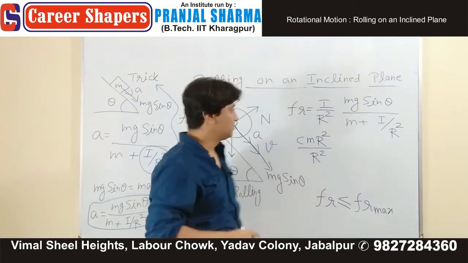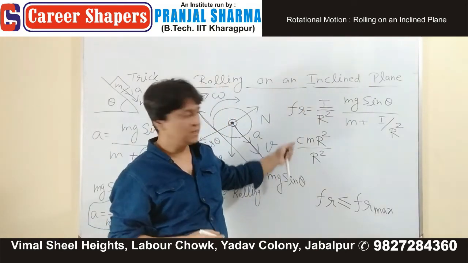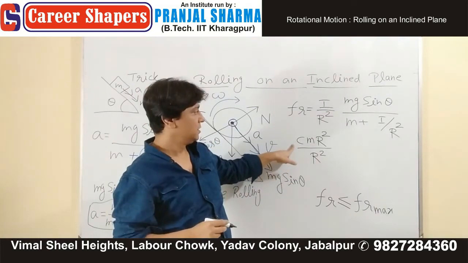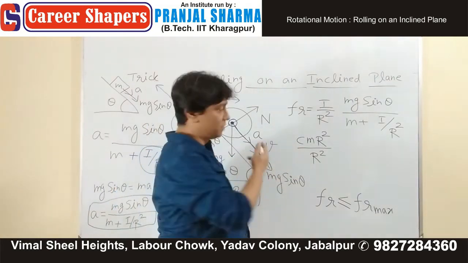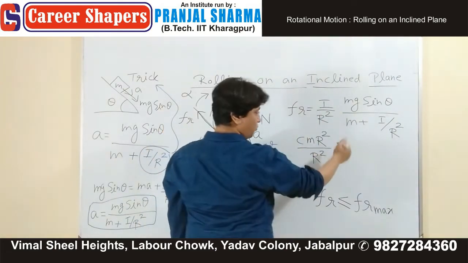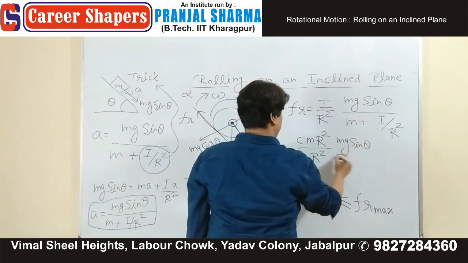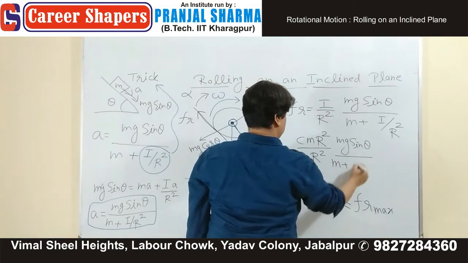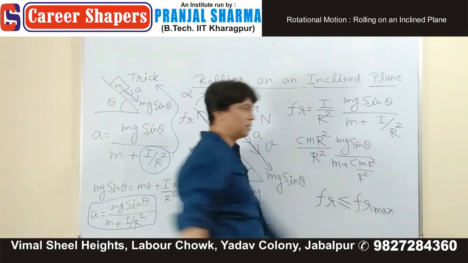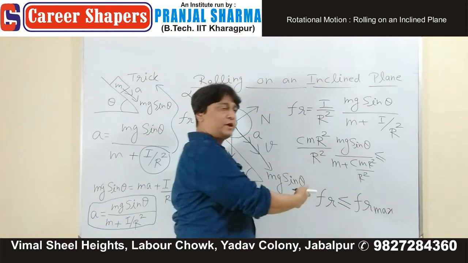So every time you're using a rolling body, there is some constant or coefficient present in front of mr square. That is C. What is the advantage of using this? Look, this is CMR square divided by r square. Right here, this is what? mg sine theta whole divided by m plus c mr square divided by r square should be less than or equal to Fr max.